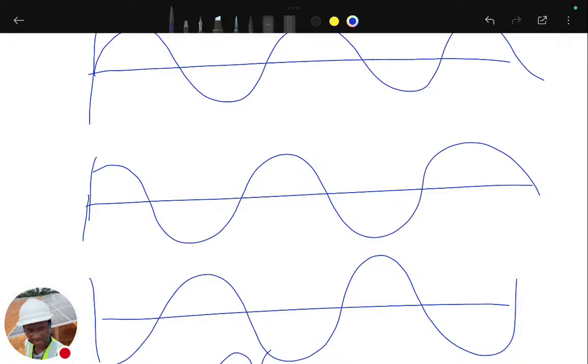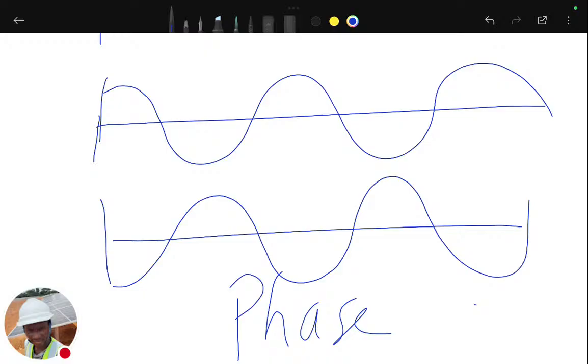Assignment number 4, I want you to explain how you decide between connecting inverters in series or in parallel. Assignment number 5, I want you to read on three-phase inverters. We're going to explain three-phase inverters.